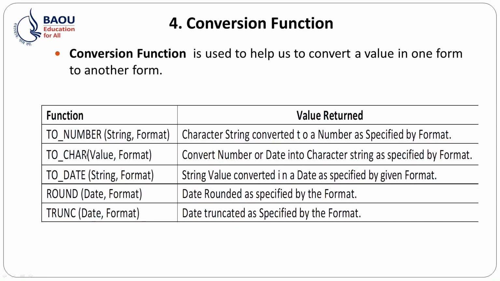TO_CHAR converts the value into character format. TO_DATE converts a string into the date format. ROUND rounds the date to a specific format, and TRUNC truncates the date in a particular format. See in the example.